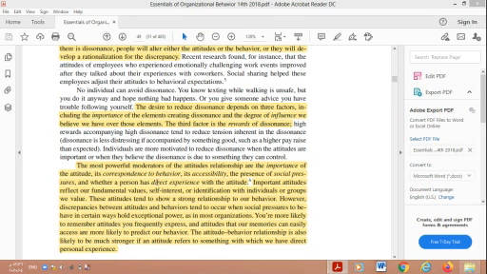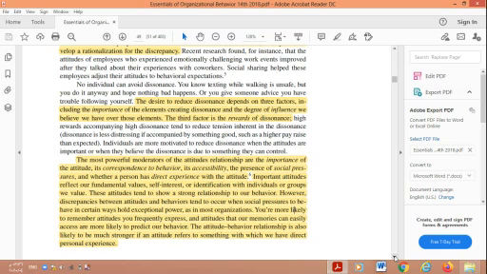The last factor is our experience, or direct experience, which is related to our previous experience with situations. So the most powerful moderators of the attitude-behavior relationship are: first, the importance of attitudes; second, the correspondence to behavior; third, accessibility; fourth, social pressure; and last, direct experience with the attitude.